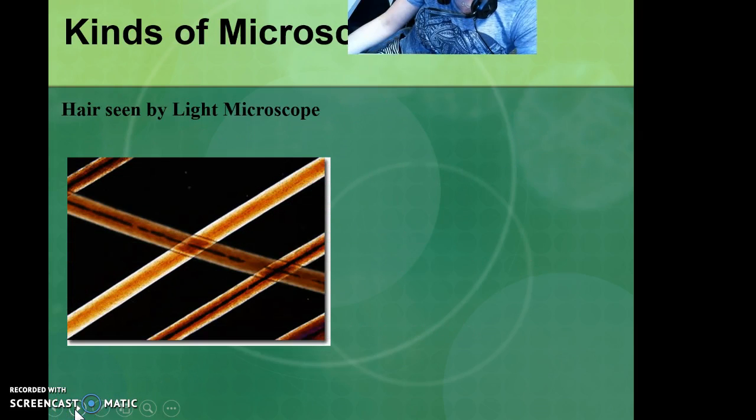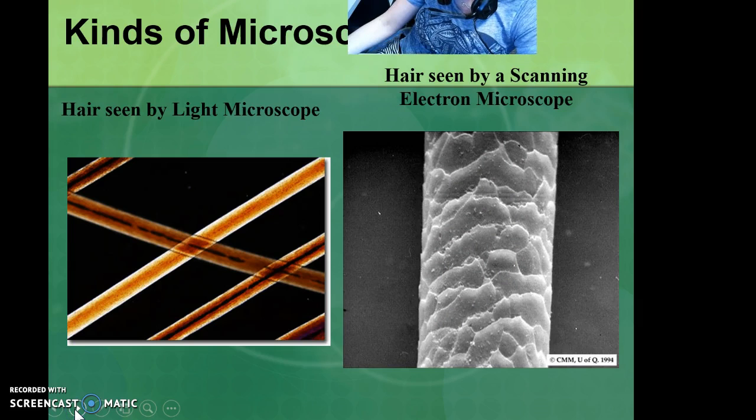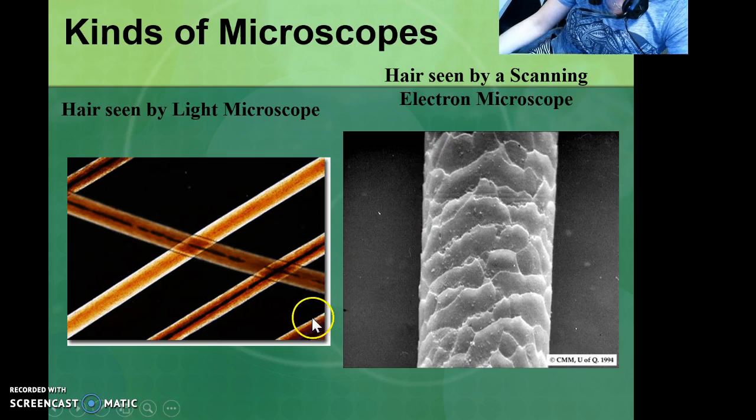Okay, here's a light microscope view of human hair, and this one is an electron microscope, so we can see here the big difference in the magnification between these two types of microscopes. There are pluses and minuses to using them. Under a light microscope, it's easier to use and cheaper to use, and you can see things that are alive.